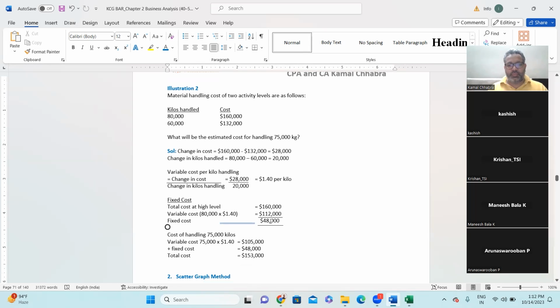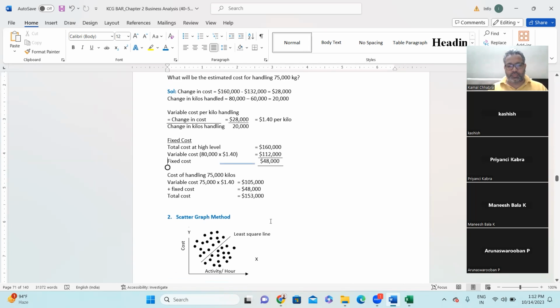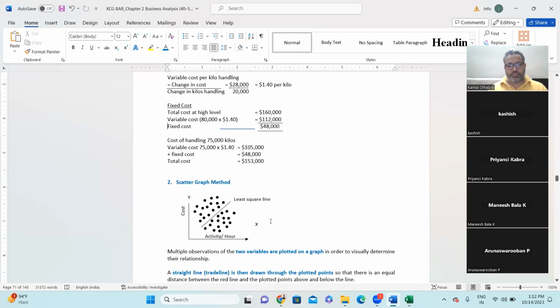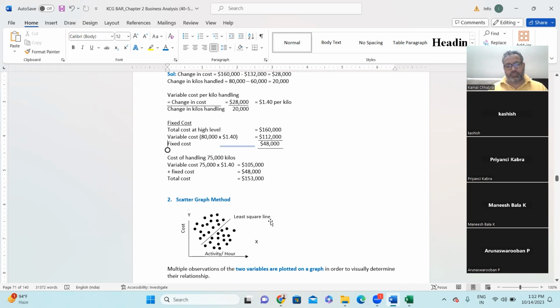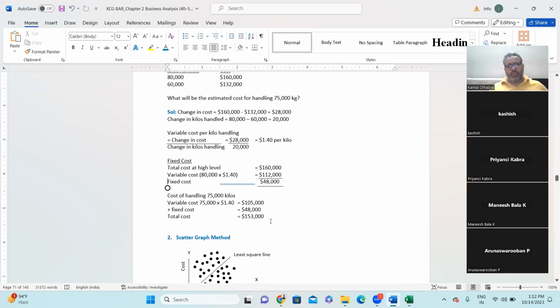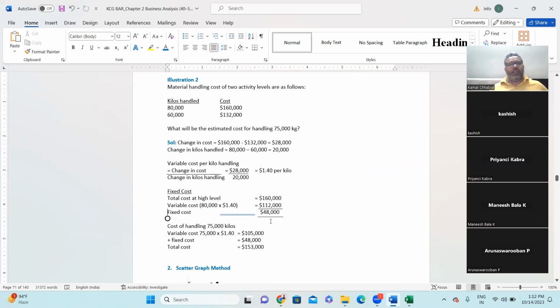Clear, everyone? Yes, sir. Sir, the fixed cost we have calculated here, we will only calculate at highest level only, right? No, you can do at lower level. It will come same only. If you do at lower level, 60,000 multiplied by 1.4, how much is it?